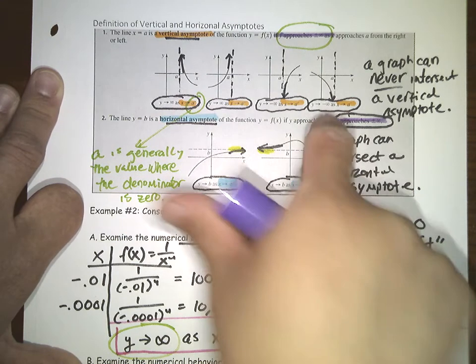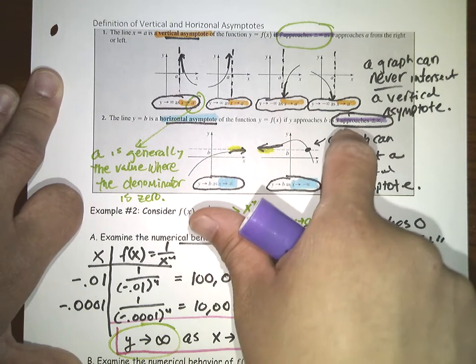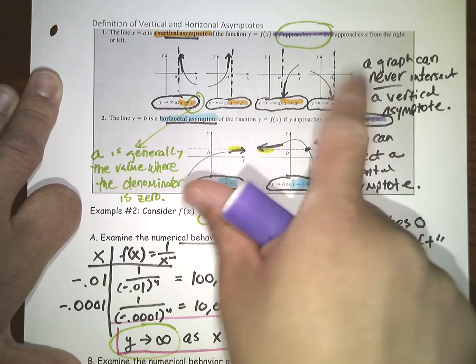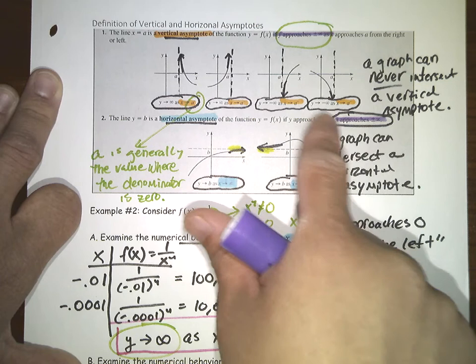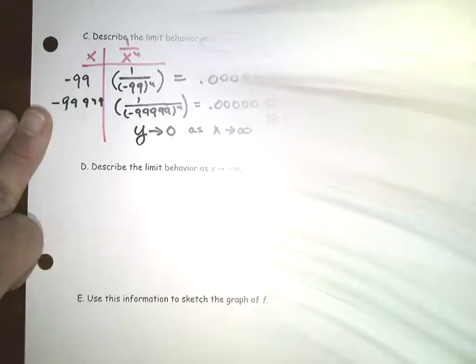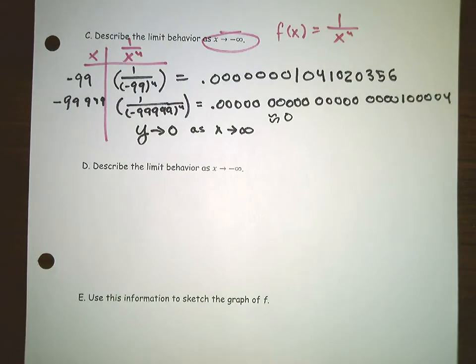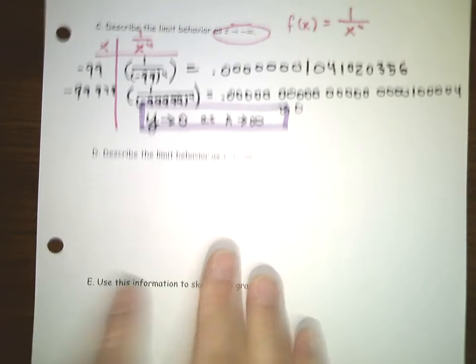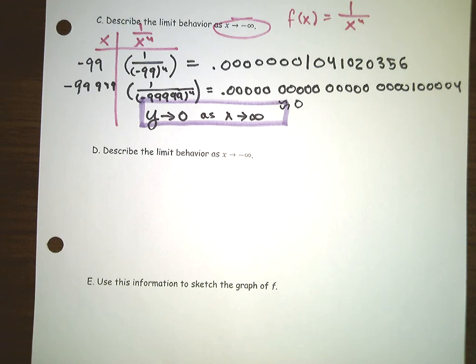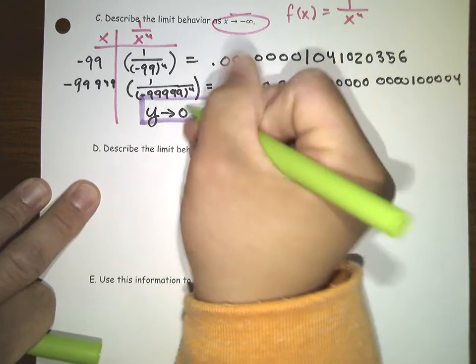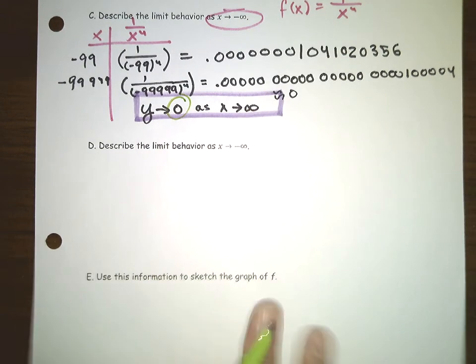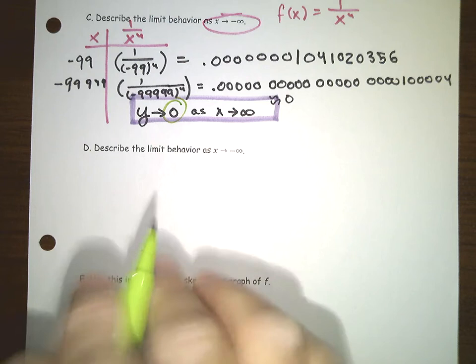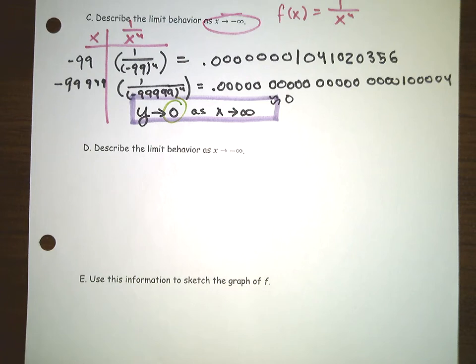That is the difference between these. So keep that in mind and try to bring this together. This then has a meaning: whatever this number happens to be, in this case 0, is the horizontal asymptote.